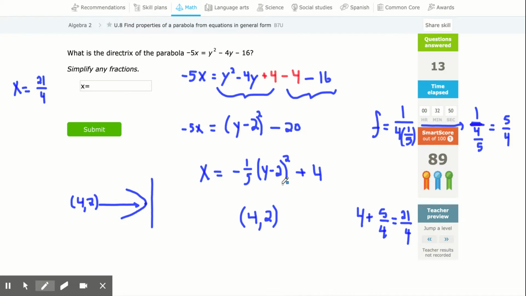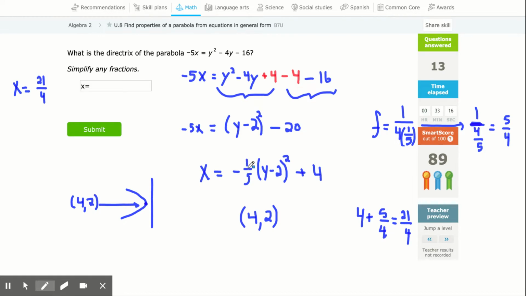That tells me my vertex, since it's the y that's squared, this is my x value, is 4 for my vertex and a y value of 2. So my vertex is the point 4, 2. I also know that it's open left because it's a negative a value, which means my directrix is to the right of my vertex, and I need to be to the right of it by the focal length. Now the focal length is 1 divided by 4 times the a value.